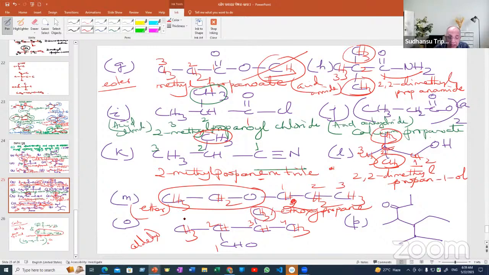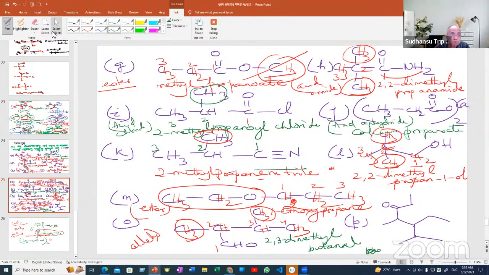So here is one methyl, here is one methyl. So it is 2,3-dimethyl propanol. Sorry, butanol. Sixth carbon means butanol.